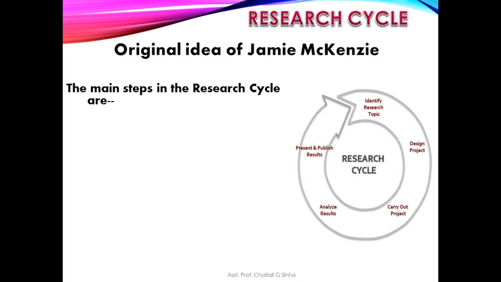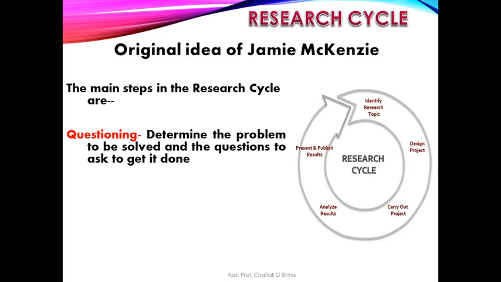So what are the main steps of the research cycle? Let's see. The first one is questioning. You question to determine the problem which needs to be solved. There are hundreds of problems which we face, and the first thing that comes to our mind is the question of why this is happening.